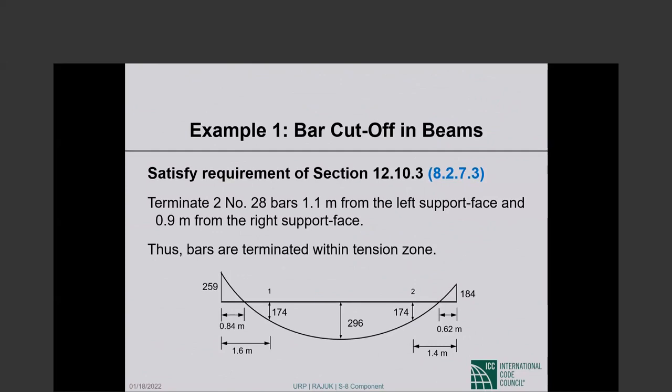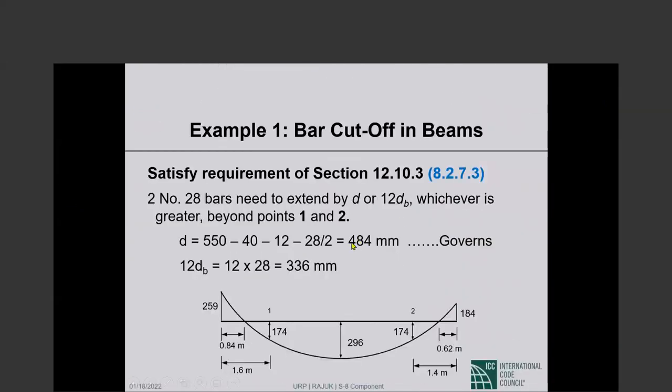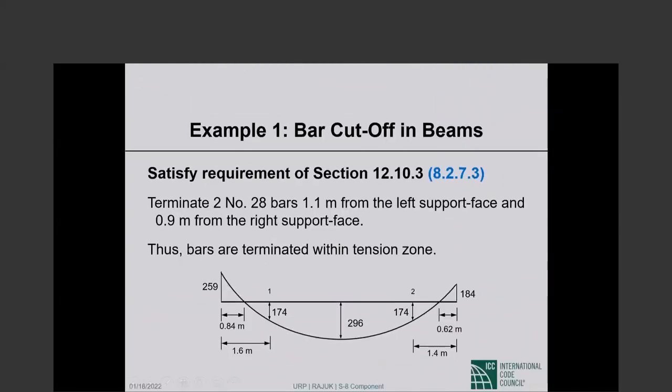So terminate two number 28 bars at, so what was the number? 484 millimeters is the required extension beyond where the bars can be theoretically cut off.